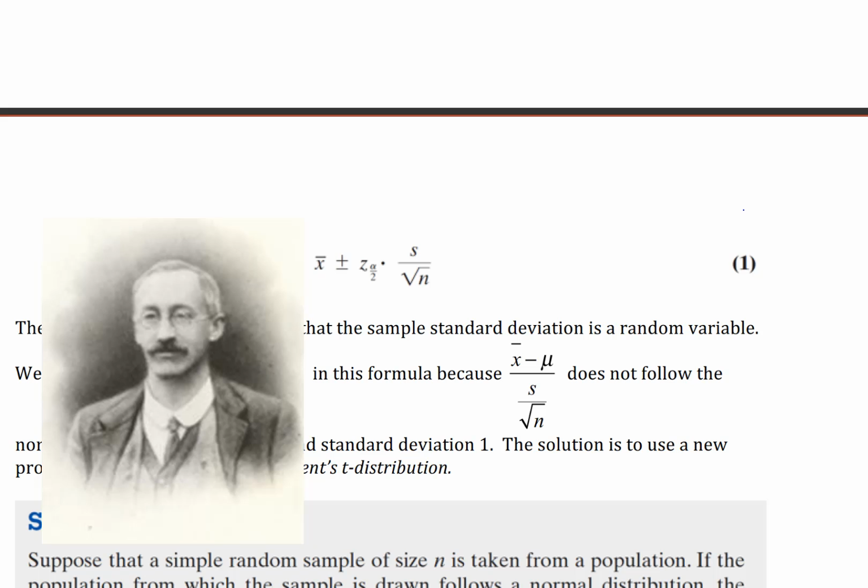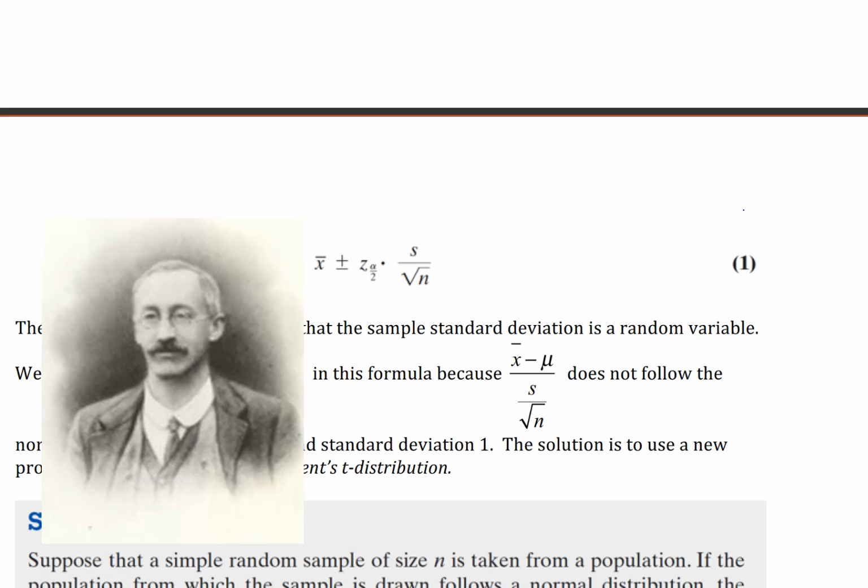If you were constructing a 95% confidence interval, you would expect about 95% of your intervals to capture the unknown parameter. Gossett found out that using z in formula 1 actually results in capture rates lower than what you would have expected.